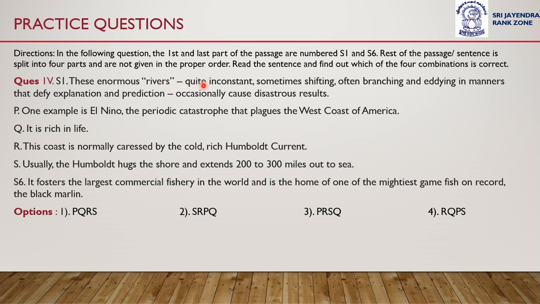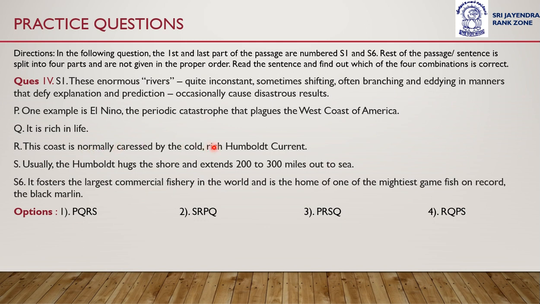These enormous rivers, quite inconstant, sometimes shifting, often branching and eddying in manners that defy explanation and prediction, occasionally cause disastrous results. One example is El Nino, the periodic catastrophe that plagues the west coast of America. It is rich in life.